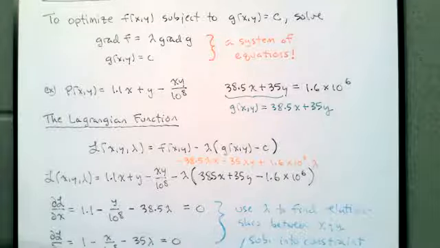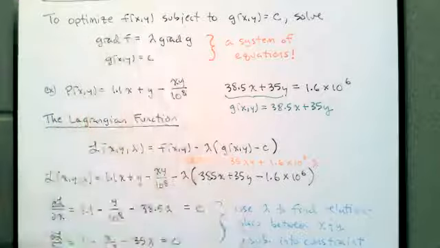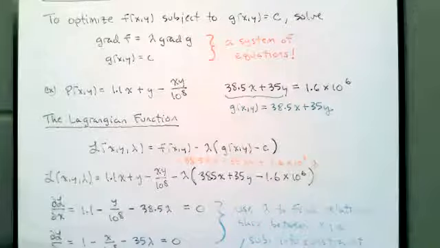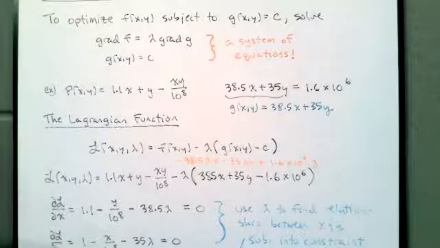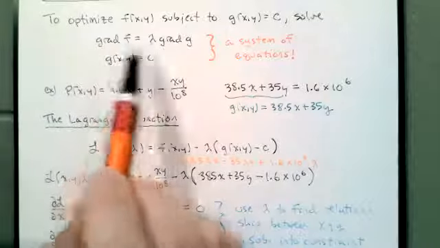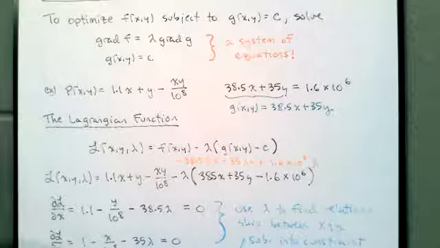But it's more important to understand what we're saying when we set up this first equation. We're saying that the gradient of f and the gradient of g are pointing in the same direction. They might have different magnitudes, but if I make these two vectors equal, they'll be pointing in the same direction. That's the important part of the concept.